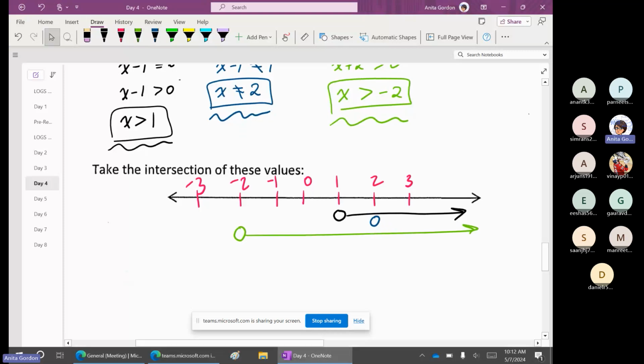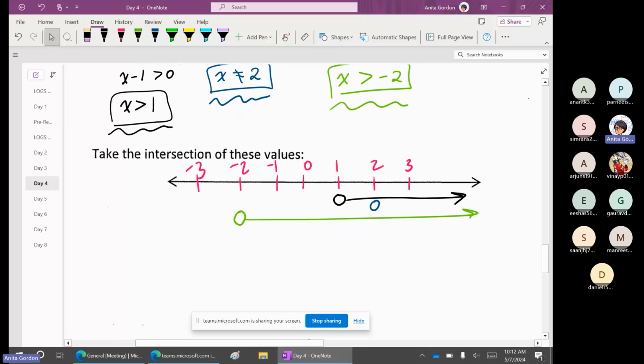So the domain of this function is where everything overlaps together. I cannot use anything here because there is no overlap. And I cannot use -2 because there is no overlap. They don't all agree.